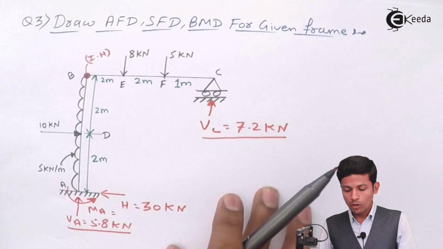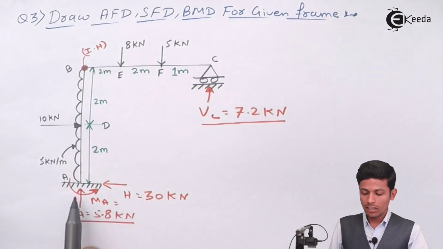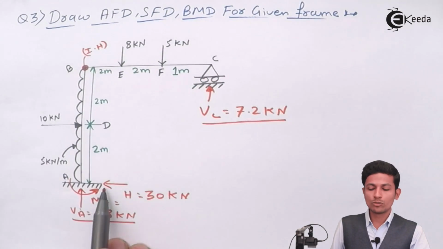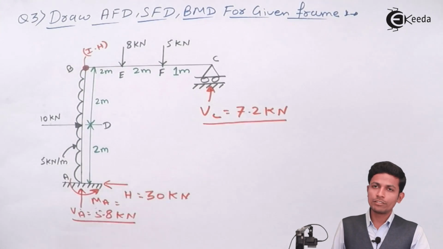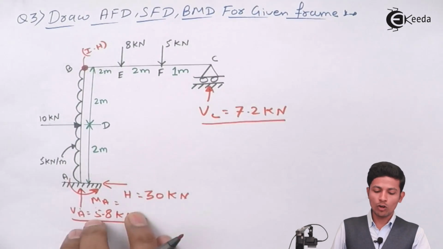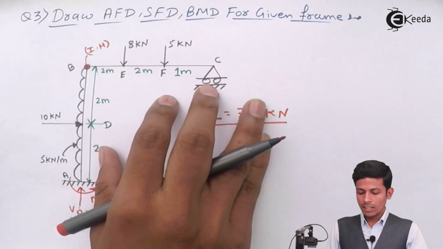We know the X and Y reactions are done, now the moment will also come into the picture. We don't know the direction, so we first take the moment as anticlockwise. Written over here.